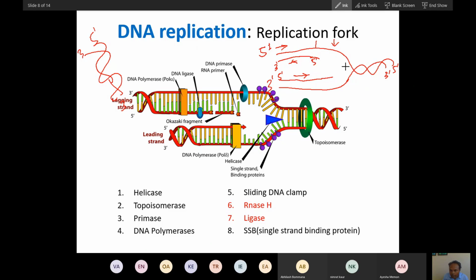Again, when it is opened more, a strand will be synthesized like this, in increments. Can you see this here?